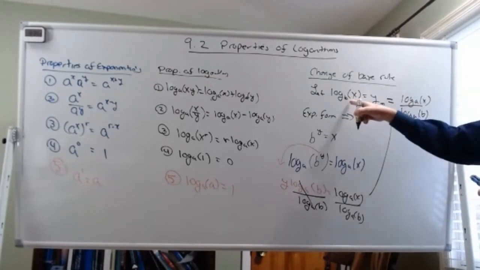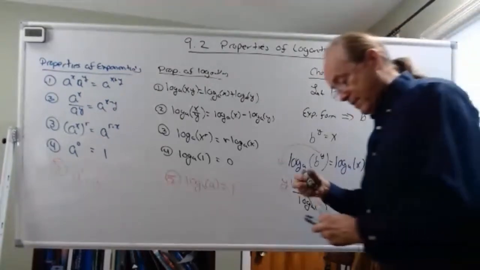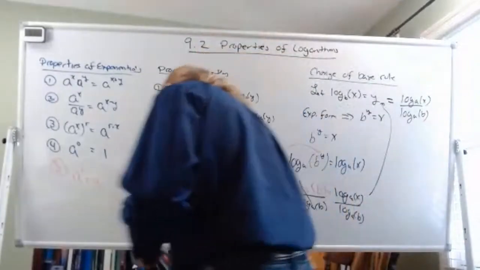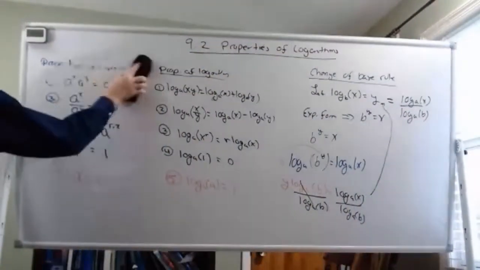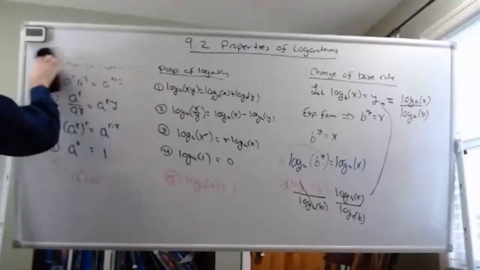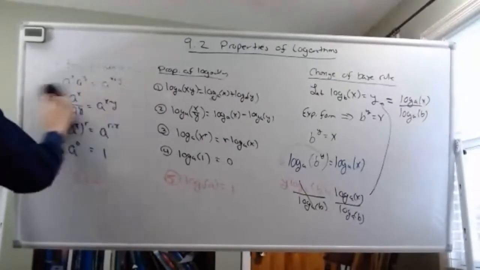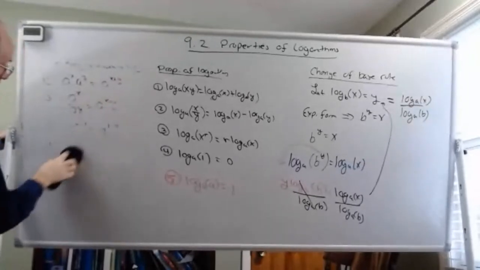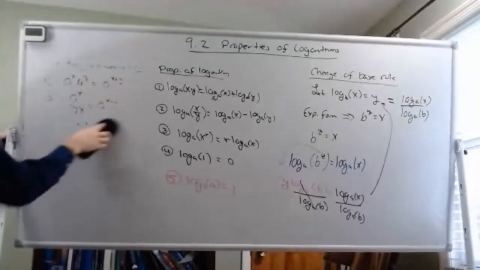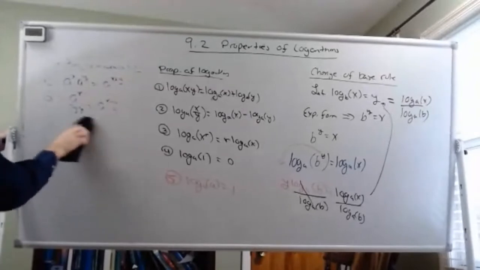But what is y equal to? This. So I have this special property that changes from one base to another base, and I can simply write it in this simplified form. And that's what we call a change of base formula.